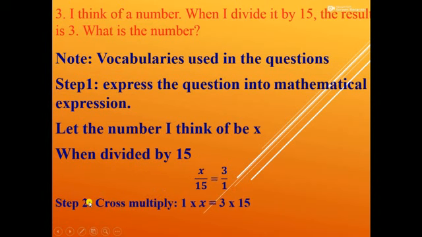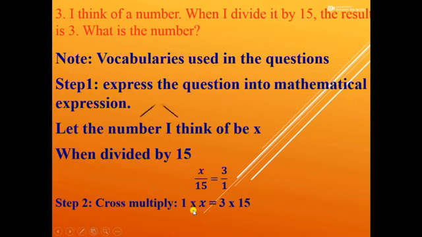So step 2 in this question is to cross multiply. x will be crossing and at the same time multiplying 1. We now have 1 times x is equal to 3 crossing and multiplying 15. We now have 3 times 15.